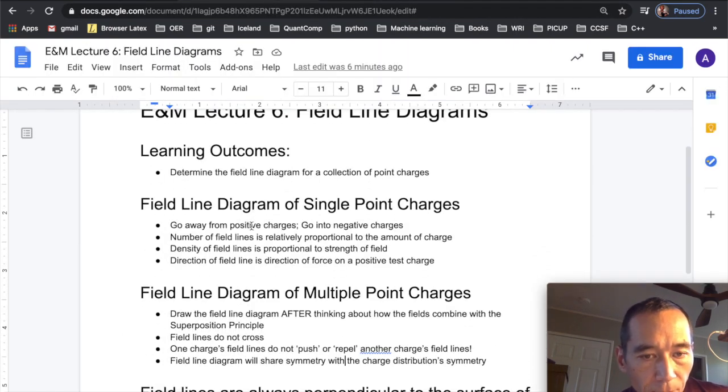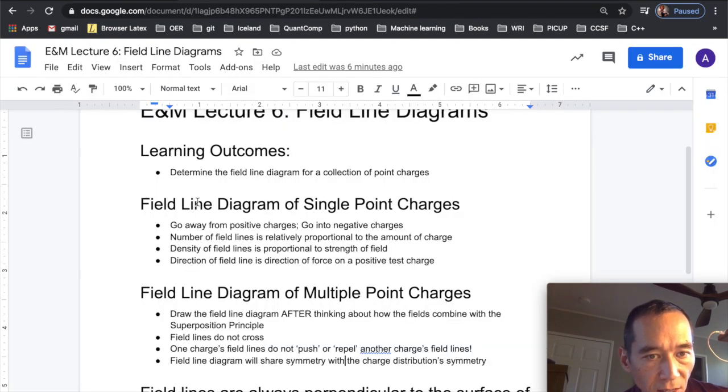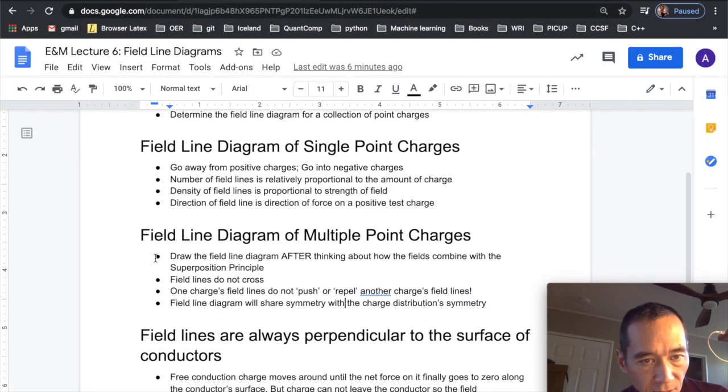So going back, that electric dipole that I just pointed to is because of a positive charge and a negative charge that are sitting somewhat close to each other, and we are looking at the net electric field that surrounds and is even in between the two electric charges, the two point charges. So that's what the second piece of the lecture is about. It's how to determine the field line diagram when you have multiple point charges.